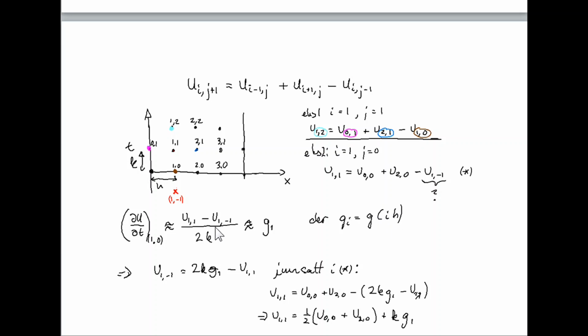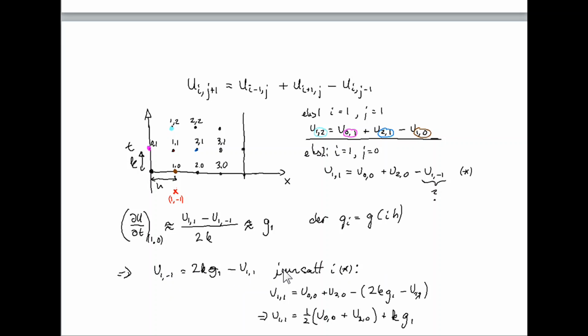So this can help us, because then we can just multiply this equation with 2k on both sides, and we obtain, we can then express u_{1,-1}, this virtual value, as 2k g_1 minus u_{1,1}.